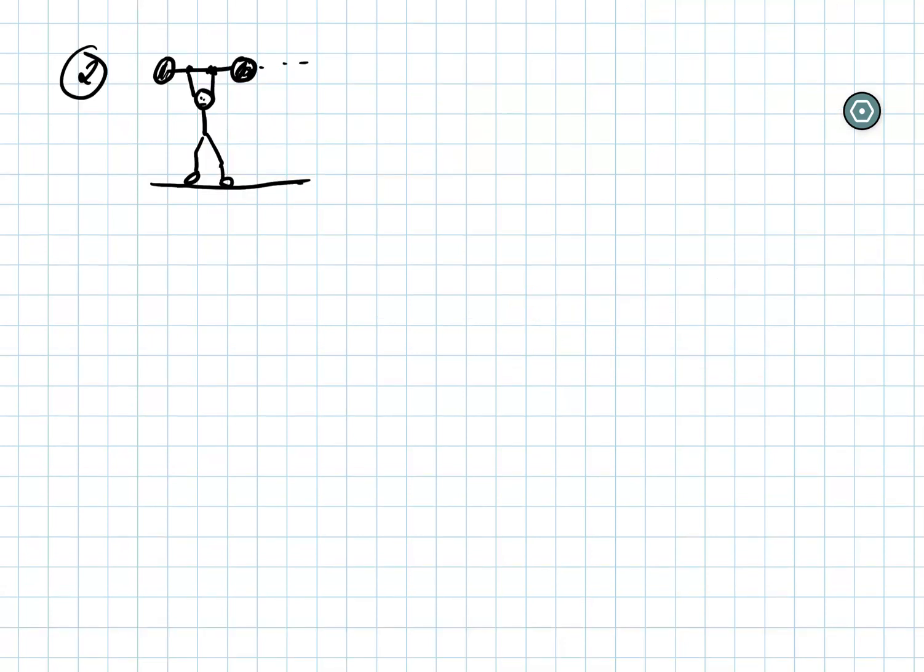Before we get to the ramp problem, I want to extend the previous problem by a little bit. Okay, so now you've lifted this weight and you're done, and now you're just holding it still. How much work do you do? So you are definitely exerting a force up, and your force is going to be equal to gravity, but there's no distance through which your force is acting.